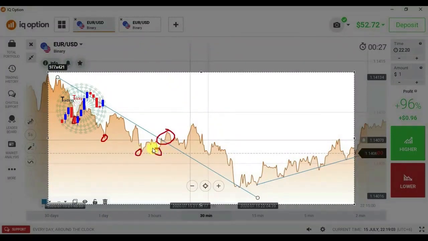This time it didn't make a new low. After hitting, it's trying, but finally went up. So this is the sign and this is the breakout candle for this short time frame.